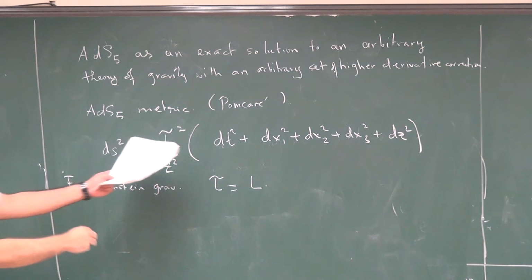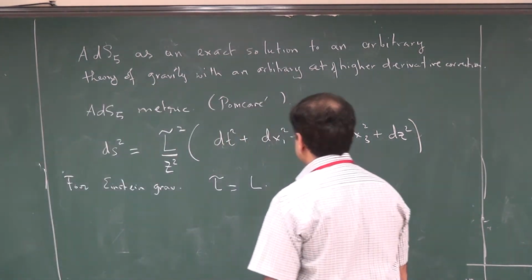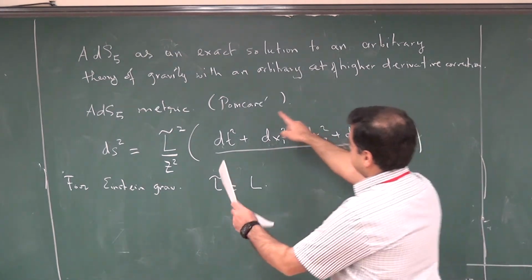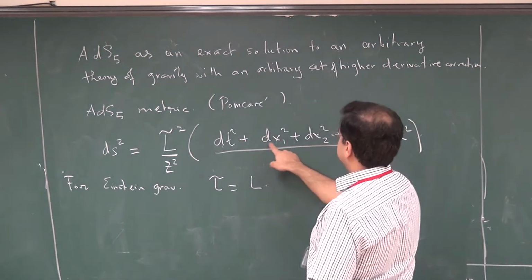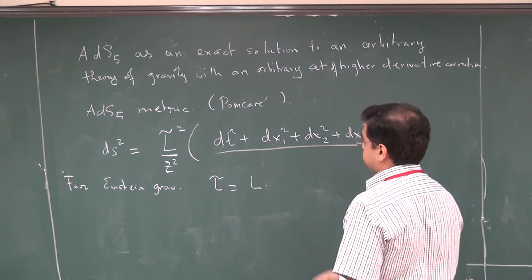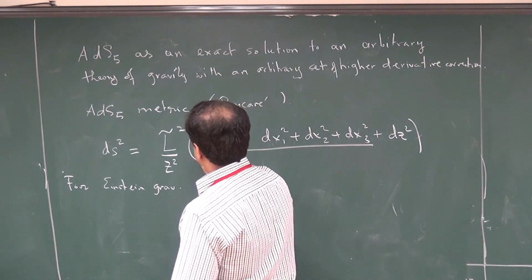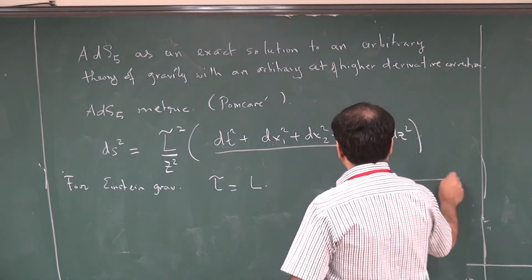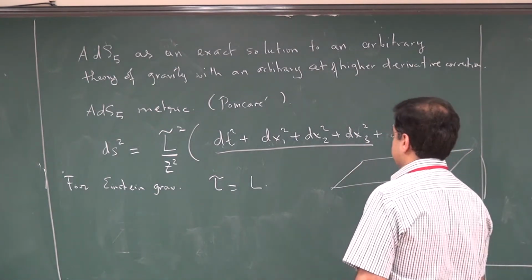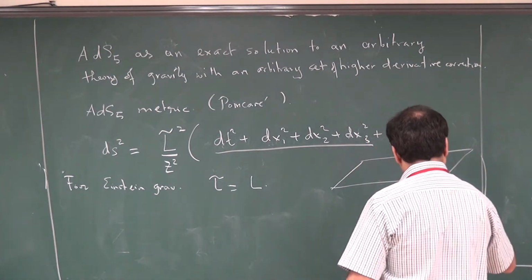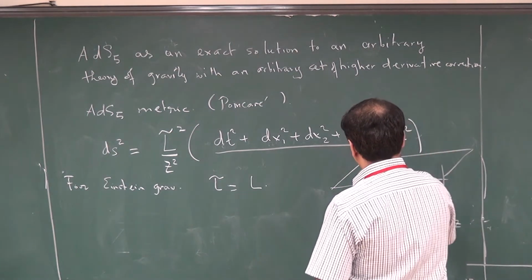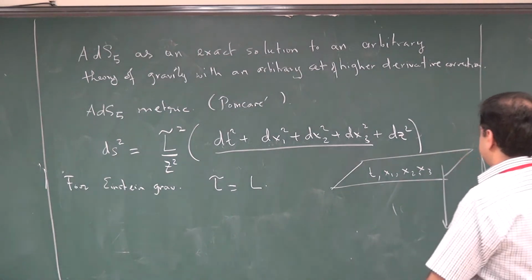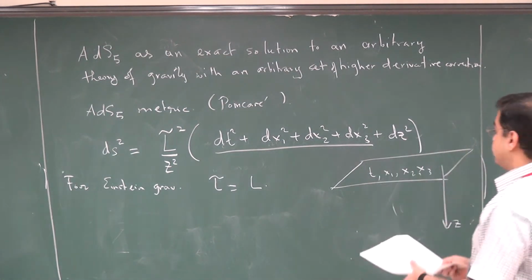In these coordinates, the thing to notice is that you've got flat space; part of it is conformally flat: dt squared plus dx1 squared plus dx2 squared plus dx3 squared. If I was in Minkowski, there would be a minus sign here, but I'm in Euclidean, so that's what it looks like. This is your direction z. These are the coordinates of the metric, living on t, x1, x2, x3. So t, x1, x2, x3 are the field theory directions.